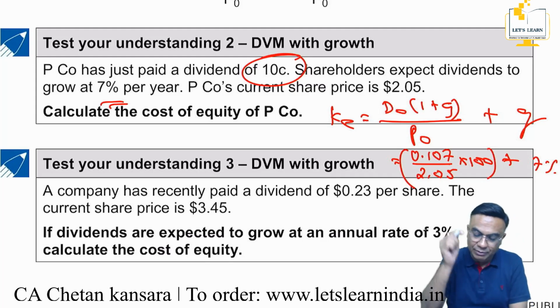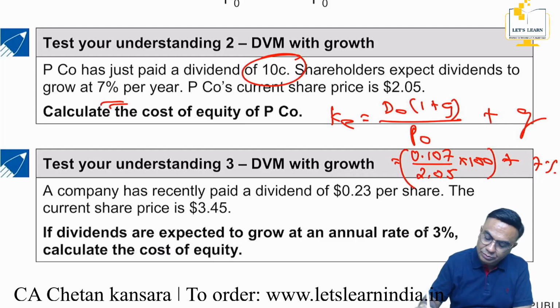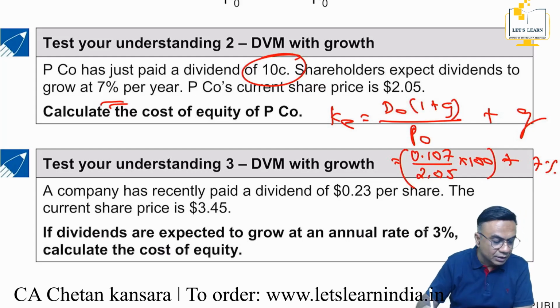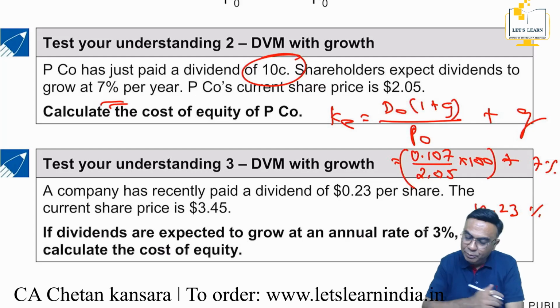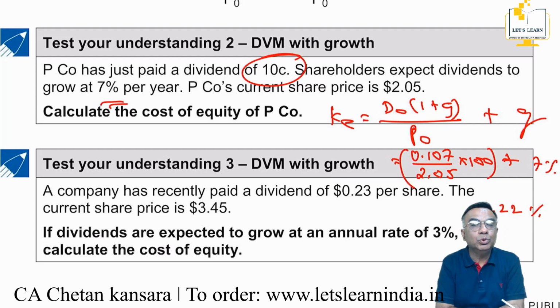So 0.1 plus 7%, 0.107. So 0.1 plus 7% divided by 2.05, plus 7%. So that comes to 107 divided by 2.05, which is 12.23, or it is 12.22. 12.22% is your answer.